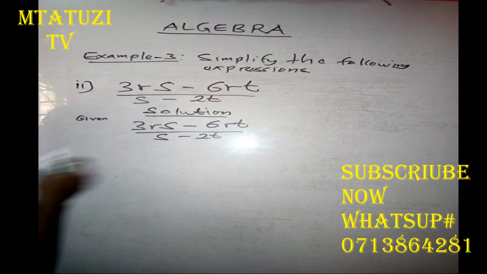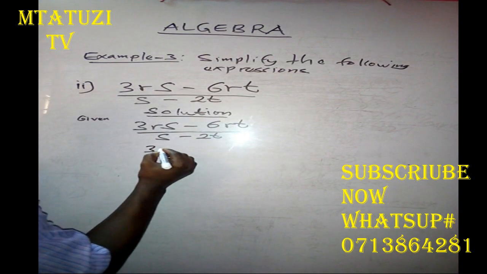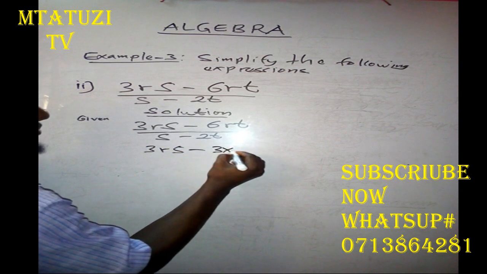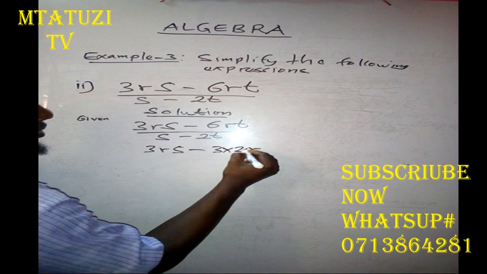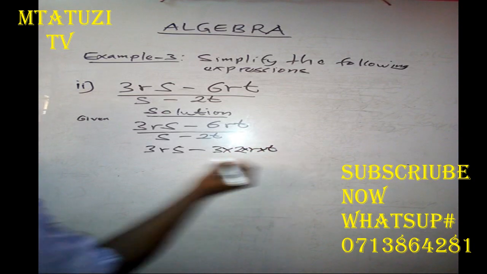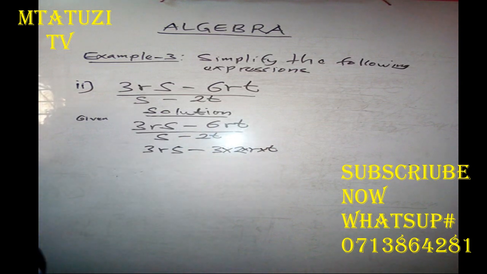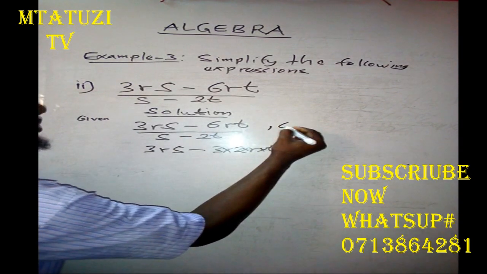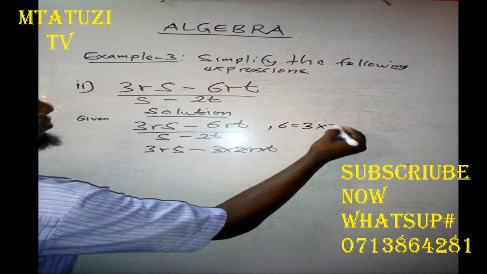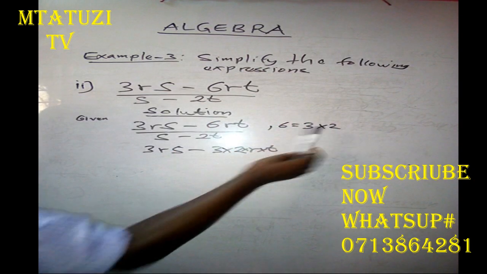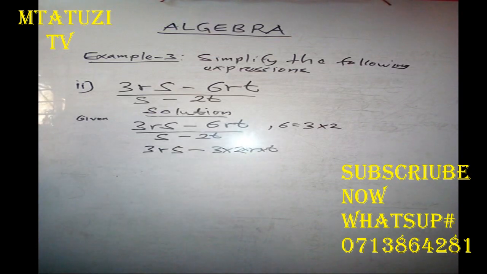You can write this as 3 times 1RS minus 3 times 2RT. Why? We have defined 6 as 3 times 2, so instead of writing 6, I write its factors.